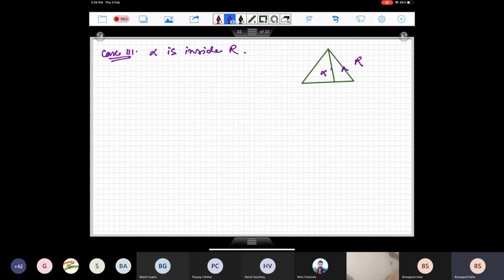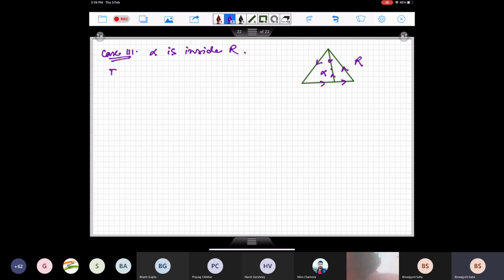Here, of course, we understand the integral over the boundary of the actual triangle is the same as the sum of the integrals over the boundaries of these two sub triangles. And this time alpha lies on the boundary of these sub triangles. By case 2 we have already seen that if alpha lies on the boundary, then the integral is going to be equal to 0.